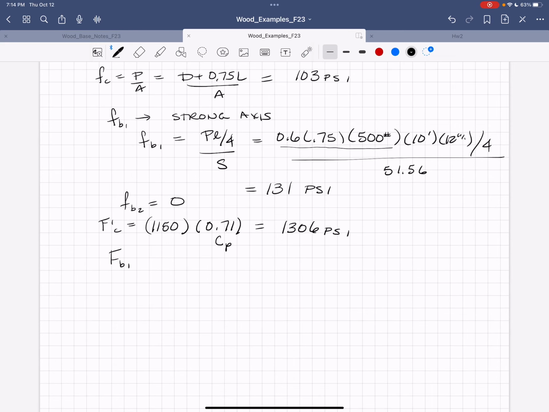F bending strong axis is going to be 1500 times 1.6. Yeah, that's the same parameters, 2400 psi. Then we calculate the same type of values, FCE for the strong axis, and we get 1862.